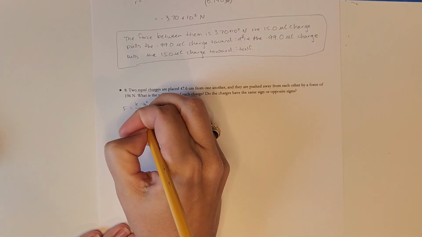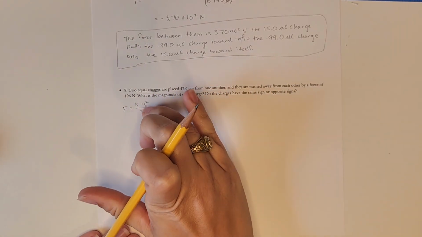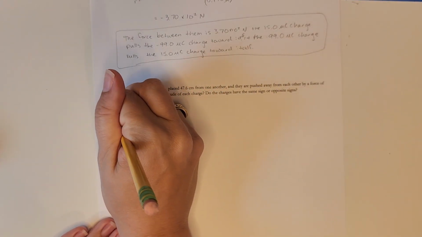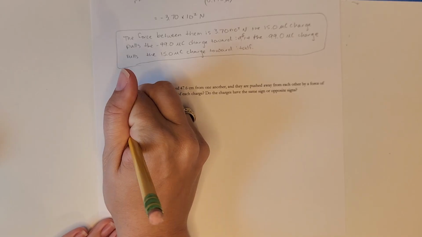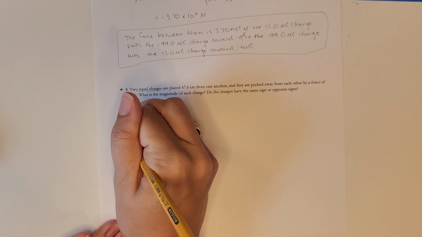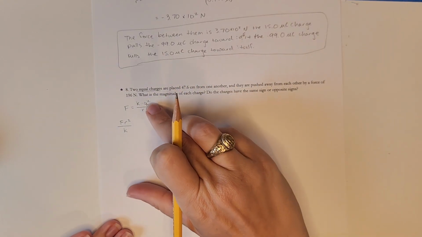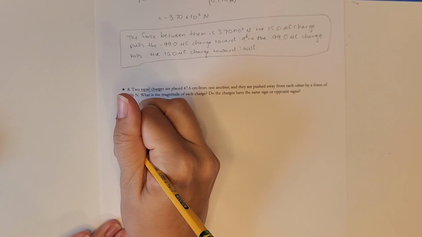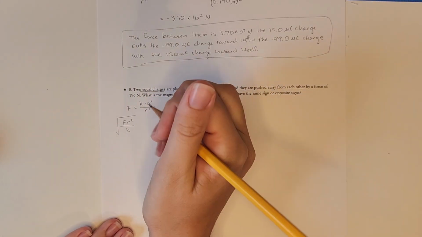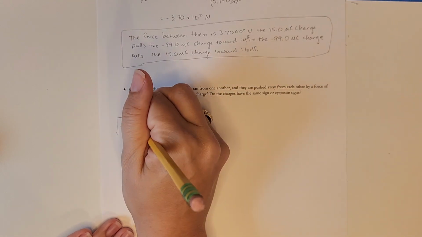And divide that by the radius squared. So now we're going to solve for Q here. So we have force times radius squared divided by K. That's going to leave us with Q squared. So we'll take the square root of all that, and that equals our Q.